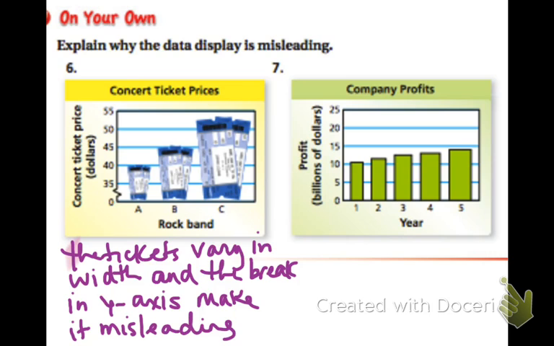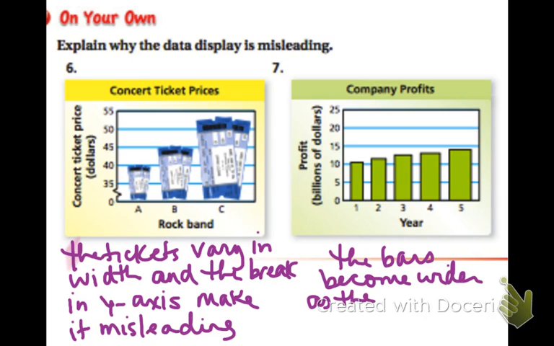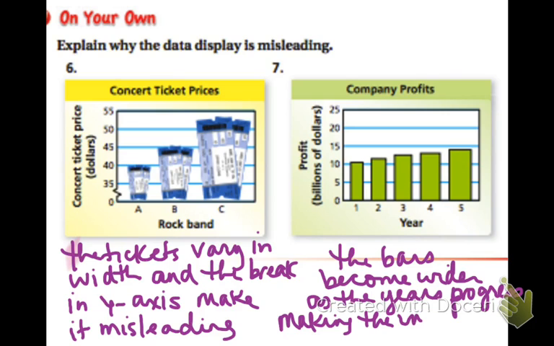And for 7, the bars become wider as the years progress, making the increase appear greater than it actually is.